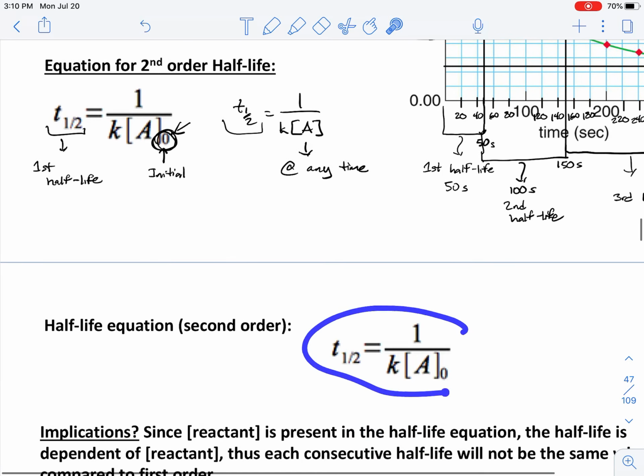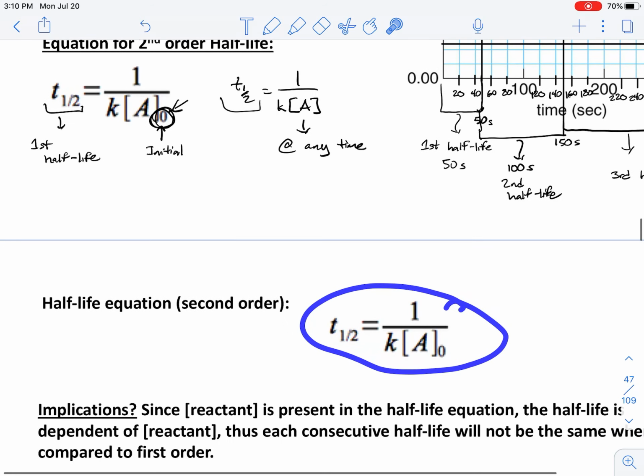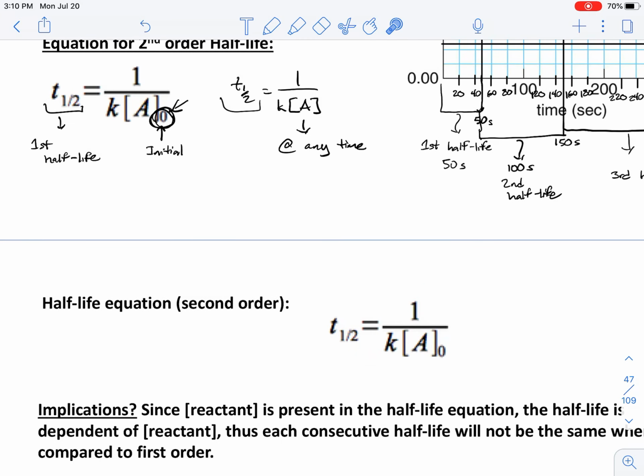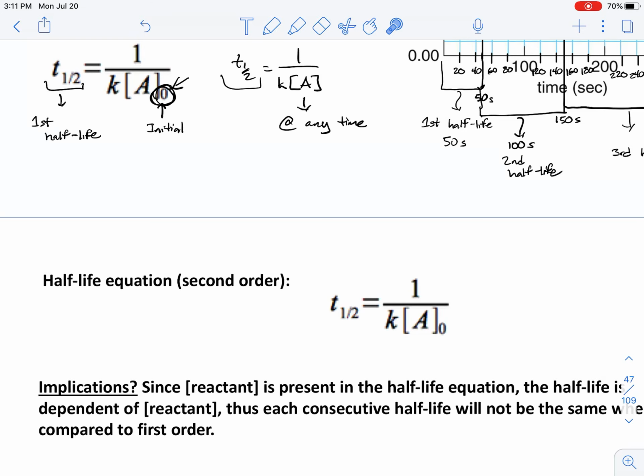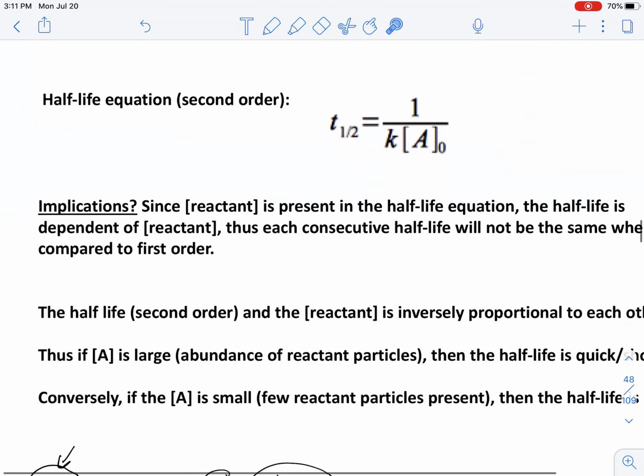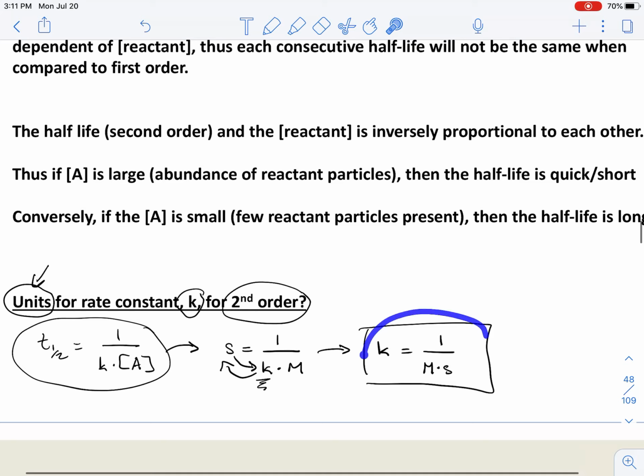You can also use the half-life equation to determine if it's second order or first order or zero order. So if the half-life is 1 over the rate constant K times the concentration of reactant A, then that's going to tell us that this reaction follows second order kinetics. Last but not least, the units of K can also tell us if this reaction is going to undergo second order kinetics.